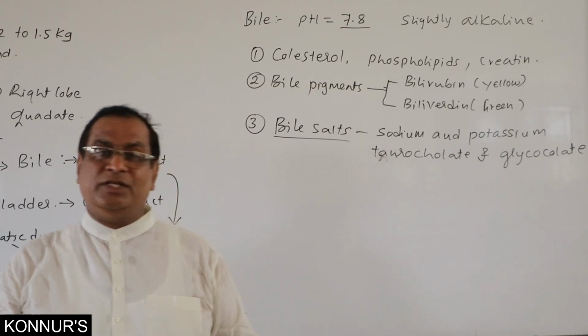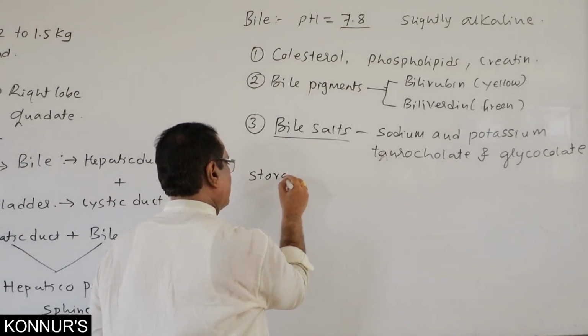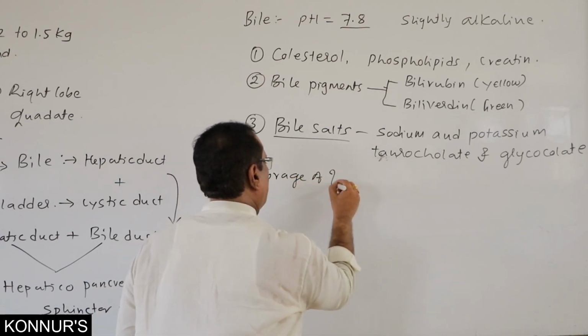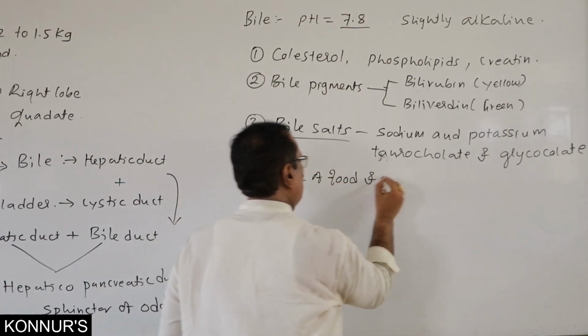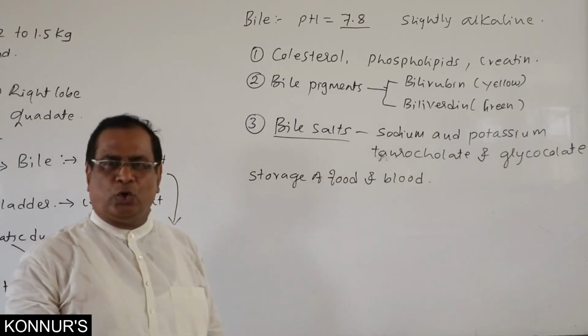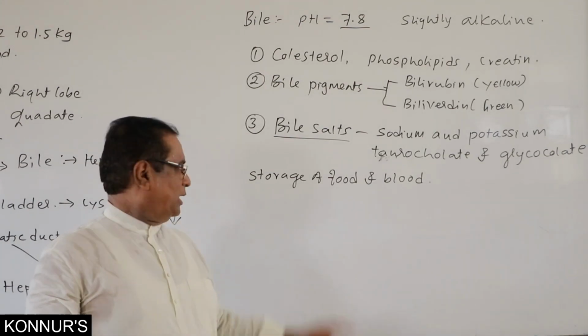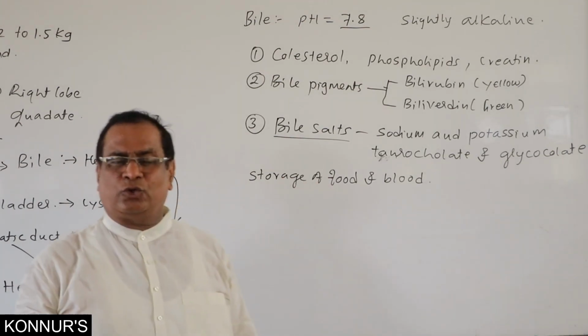It is meant for the storage of food and also blood. Food is stored in the liver in the form of glycogen. It is also meant for the storage of blood.